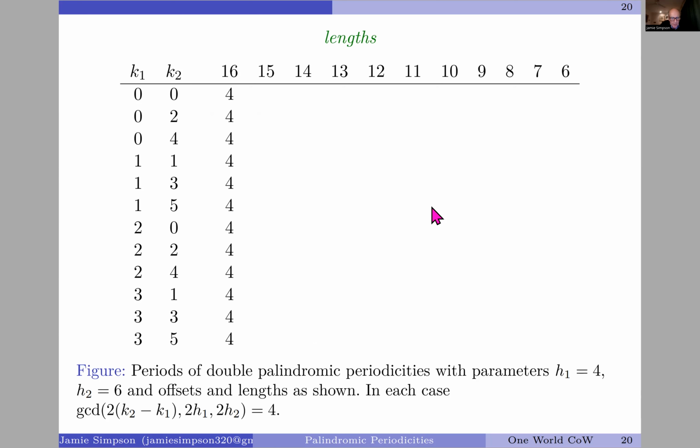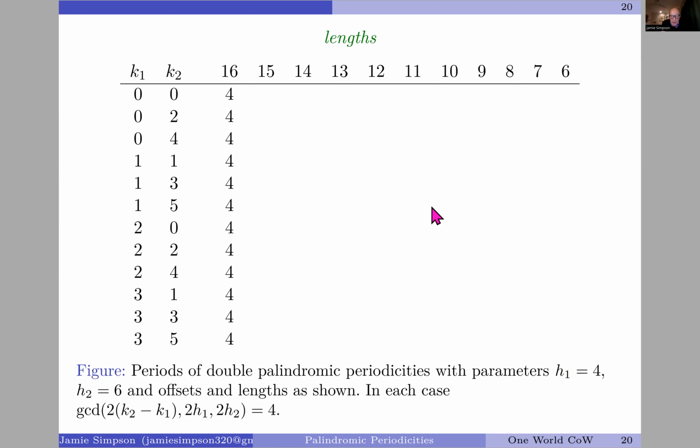And that means that the difference between the centers is divisible by 4 in each of these choices of k1 and k2. I've got all the choices of k1 and k2, which will have an even difference, which means that the difference will be divisible by 4 when we multiply by 2. And that means that the greatest common divisor in this case is 4.